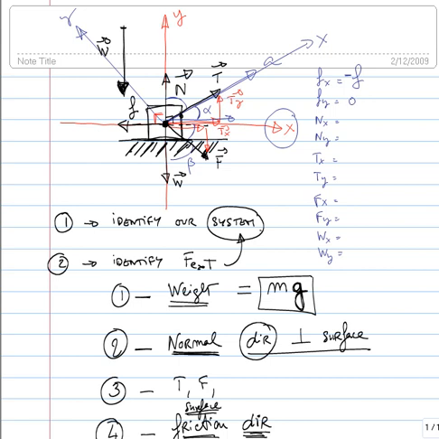Done. Nx, n is directly aligned along y, therefore if you take the x component of n, you're going to take cosine of 90, which will give you 0, and nx is 0. And similarly, ny is n. Now n is pointing up. I decided my y positive going up, therefore n is positive.